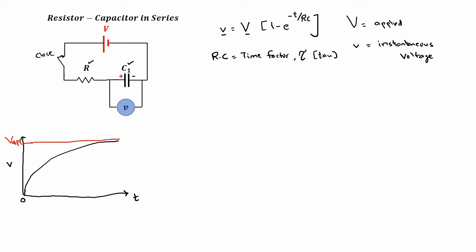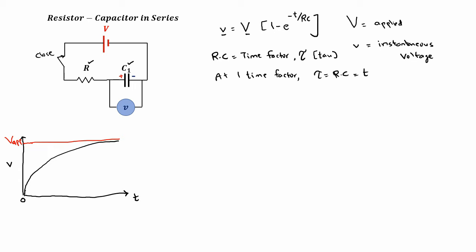And there is something peculiar about this time factor. At one time factor, tau is R times C, which is nothing but t.